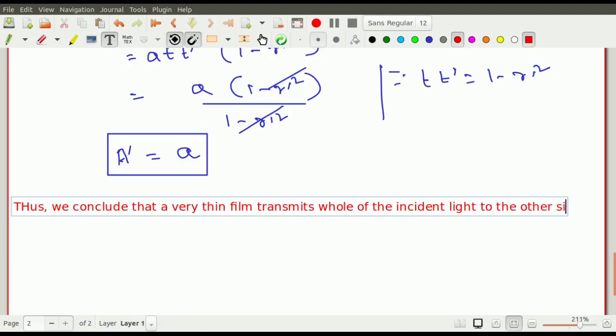This is the exam question: a very thin film reflects nothing but transmits the entire incident light. Okay, this is the question for exam, very important, so that in a thin film nothing is reflected but the entire light is transmitted.